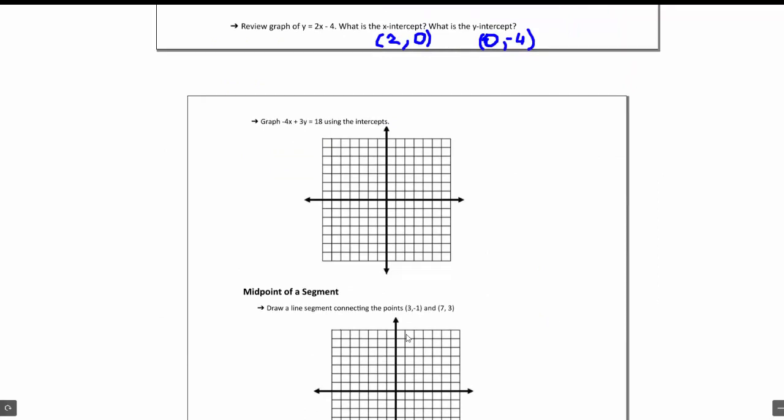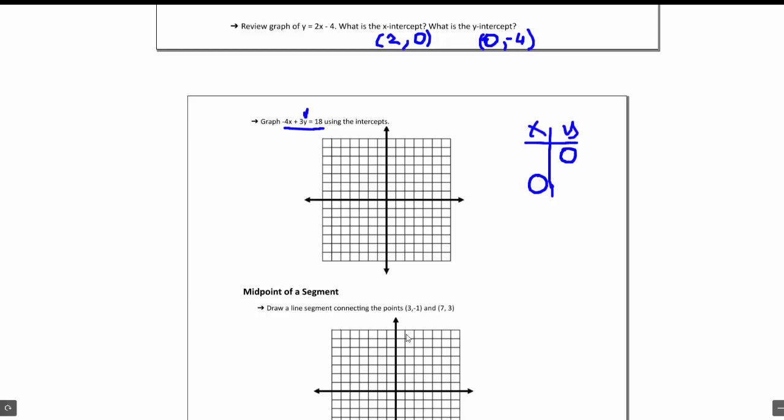Okay, so now let's graph a new equation using the intercepts. Instead of just plotting random points over here, we're going to plot the x-intercept and the y-intercept. For the x-intercept, you set y equal to 0, and for the y-intercept, you set x equal to 0, and then we solve for the opposite variable. So let's start with the x-intercept, setting y equal to 0.